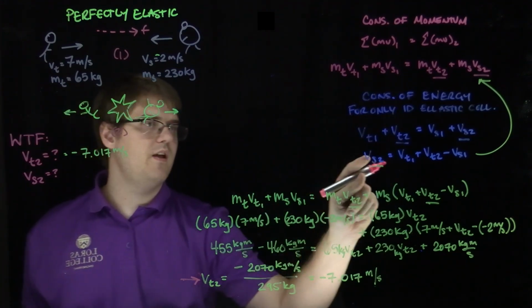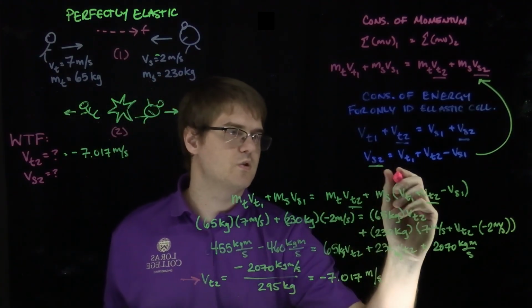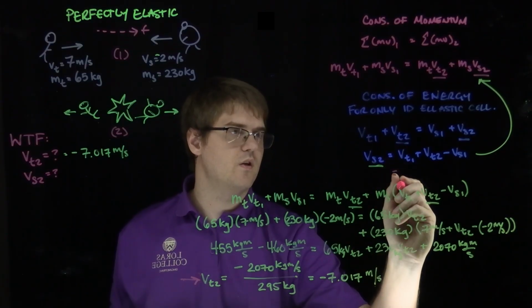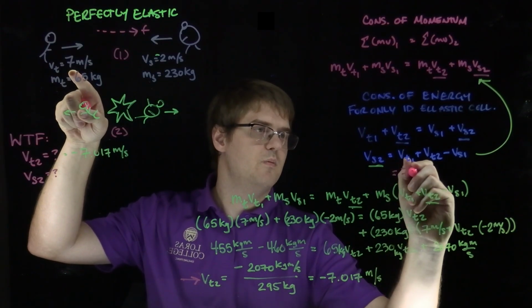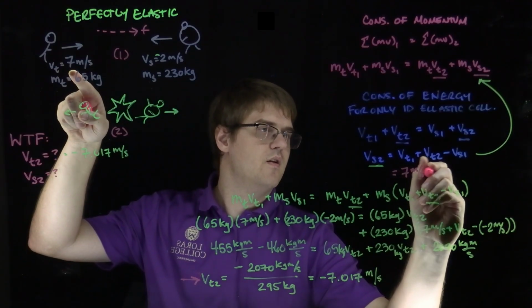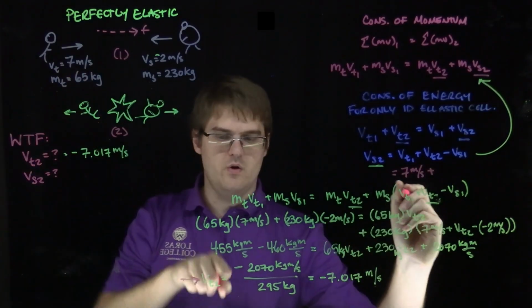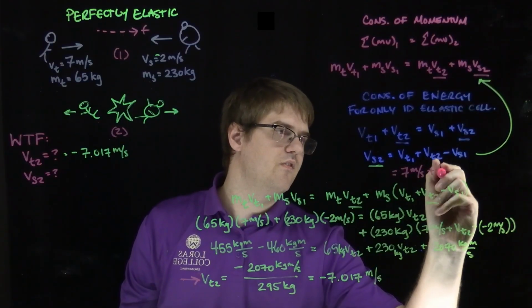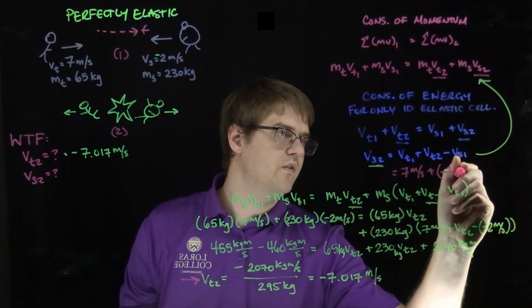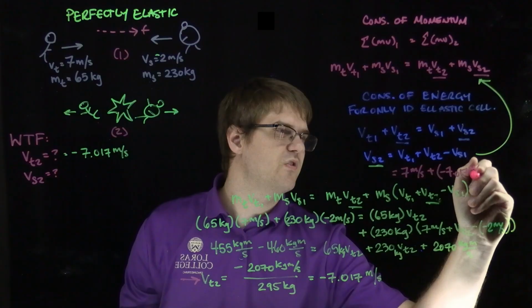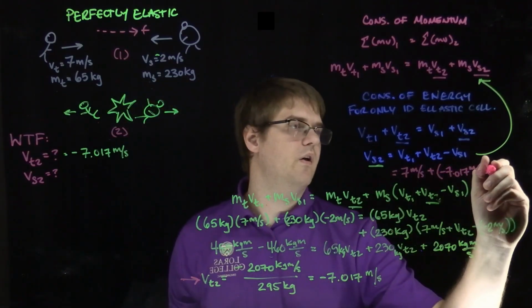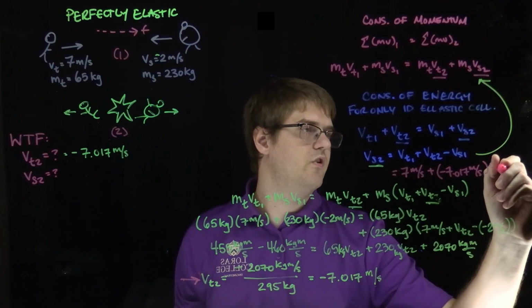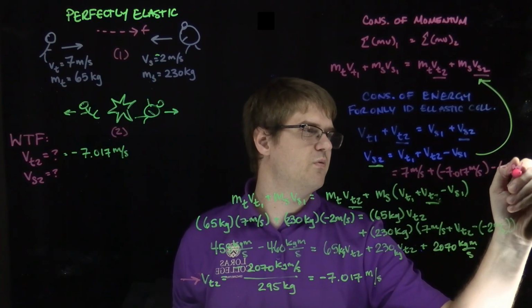So we have VS2, which is what we're solving for, is going to be equal to velocity of the track star at 1, which was 7 meters per second. Velocity of the track star at 2 was negative 7.017 meters per second. And velocity of the sumo at 1 was negative 2 meters per second.